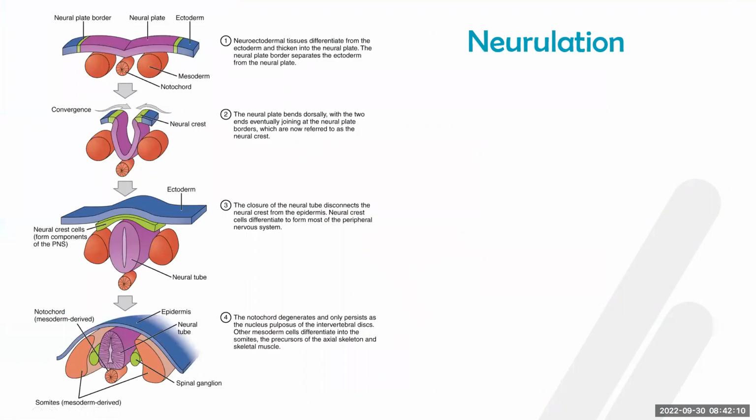Now, after the blastula, something happens called neurulation. Then the formation of a neural tube, neurulation. And it starts with the formation of a thickening in the ectoderm.